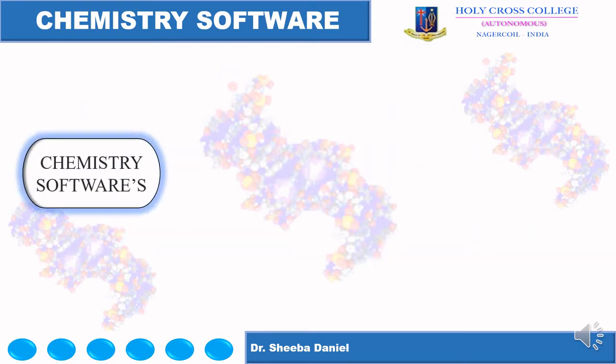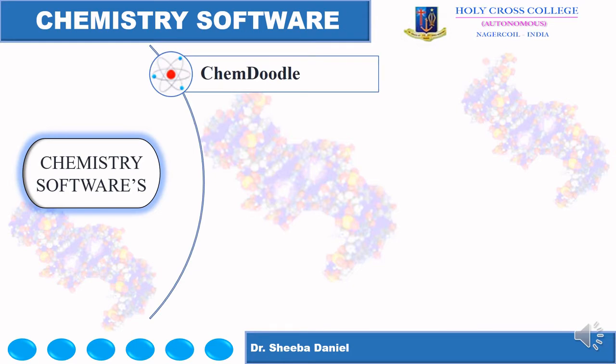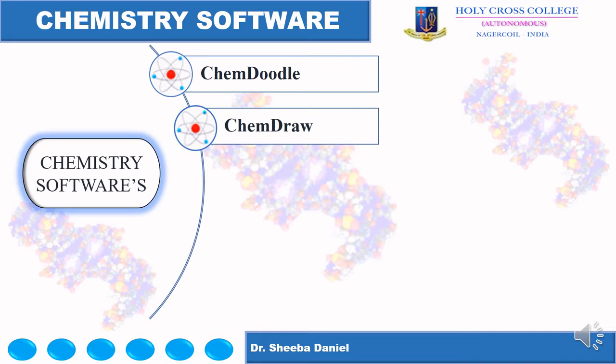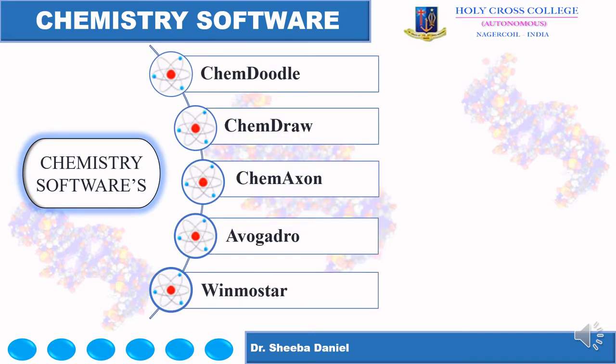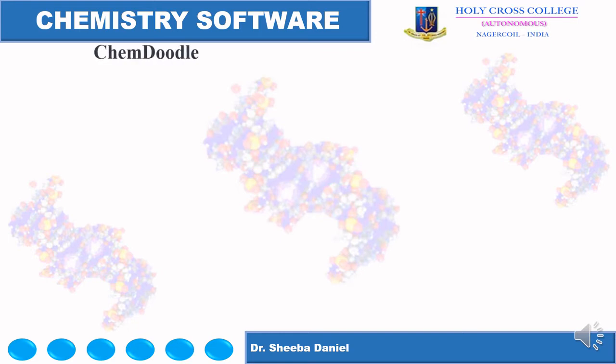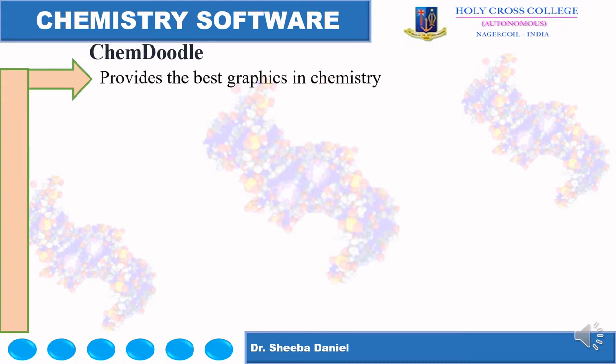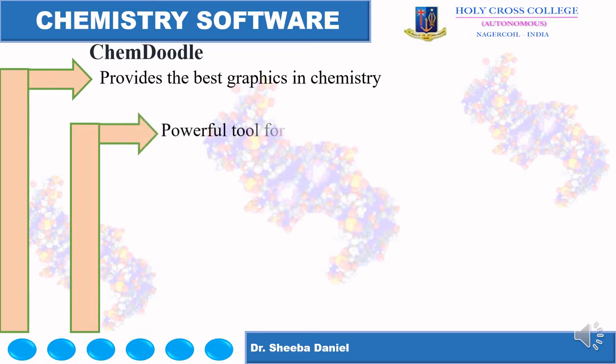So next is the examples of chemistry softwares. First example is ChemDoodle. The next one is ChemDraw. Next ChemAxon, Avogadro, Winmostar. So these are some examples of chemistry softwares. Next is ChemDoodle. ChemDoodle is a chemistry software which provides the best graphics in chemistry.